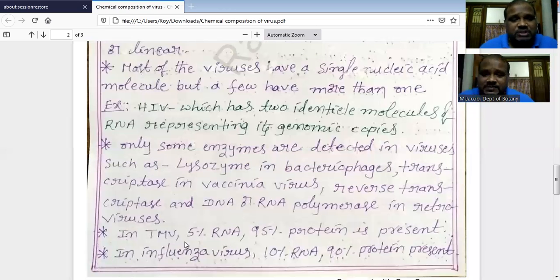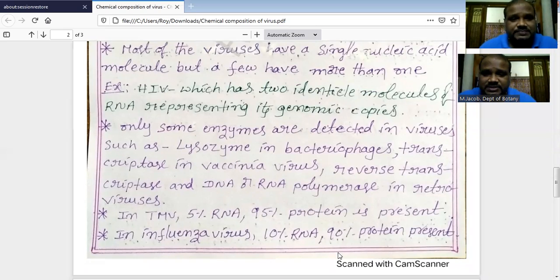In tobacco mosaic virus, 5% RNA and 95% protein is present, whereas in influenza virus, 10% RNA and 90% protein is present.